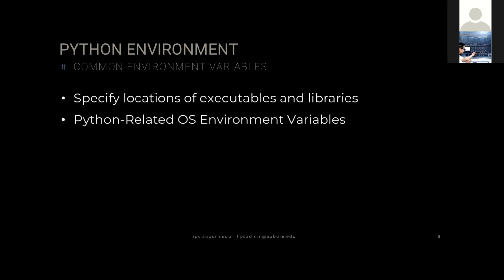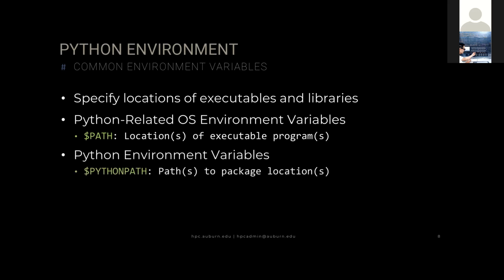And the main ones that are Python related, the first one being PATH. The PATH environment variable tells the operating system where to look for executable programs. A couple of other ones that are actual Python environment variables, not operating system environment variables, are PYTHONPATH and PYTHONHOME. Those can be used to tell the interpreter where to look for certain packages or libraries.